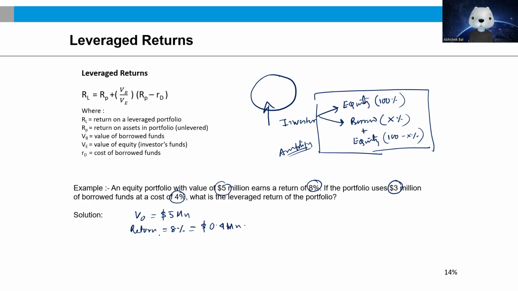However, it's also stated that this 5 million is being funded by 3 million borrowed at 4%. So 3 million, if it is borrowed at 4%, it would mean it is going to cost around 0.12 million.